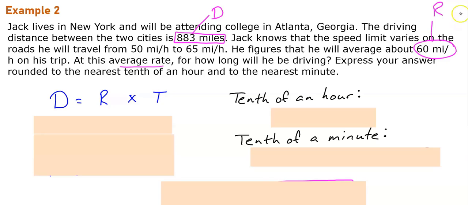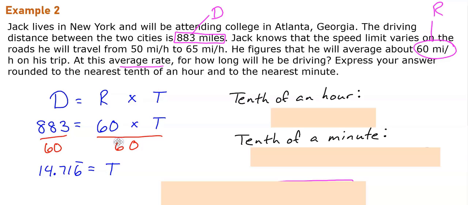So we have our D and our R variables. So we have 2 of the 3 variables. We can plug our information in and solve it using algebra because the numbers aren't all on one side. Divide by 60 and we get 14.716. And don't forget, when there's the line over it, that means it's a non-terminating decimal.